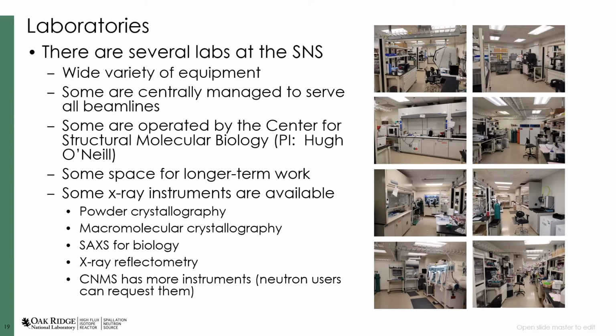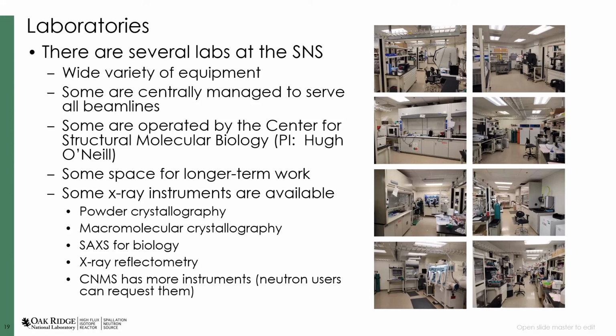The Center for Nanophase Materials Sciences also has instruments that you can request. So if you have an approved proposal for neutron scattering experiments, you can request access to characterization facilities in the Center for Nanophase Materials Sciences. And if your experiment is up in SNS, you just go down the hall and you're in CNMS right away.